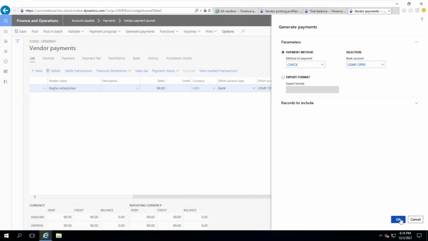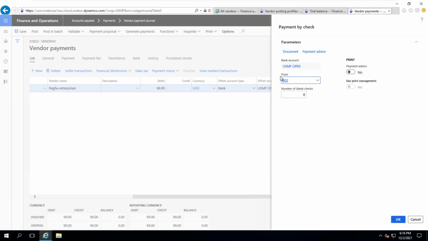Click OK. The check number 802 is generating. Click OK. It will take 1 or 2 minutes. Every time you do this check generation process, the first time after opening the application, it will take a minute.